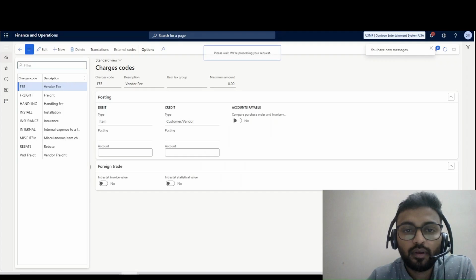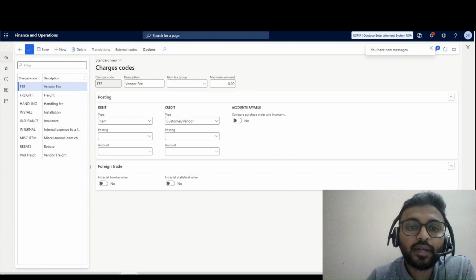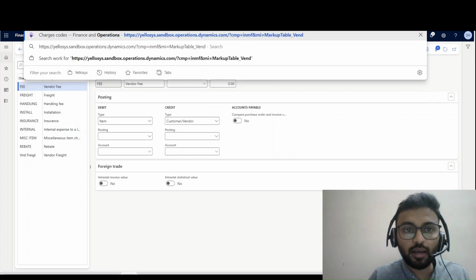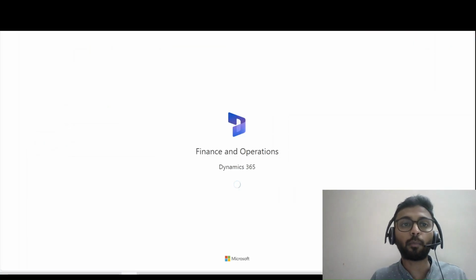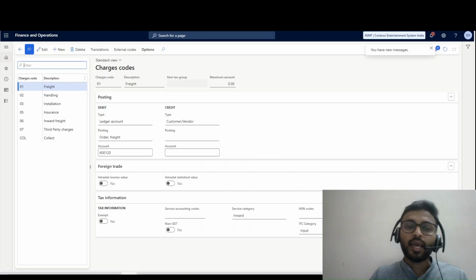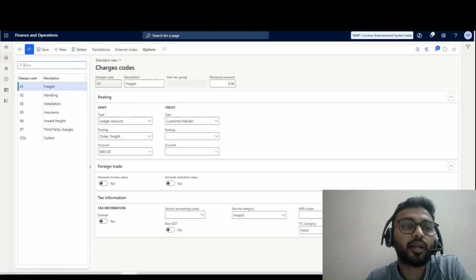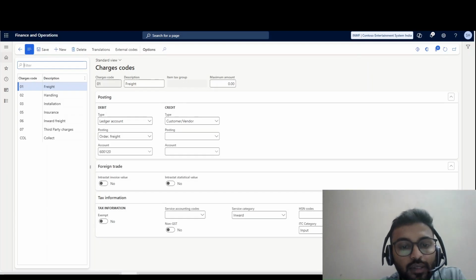From here you can select the item tax group. But I am taking the example of INMF because Indian taxation is complex, and that's why I'm taking the example of Indian companies. So here, if you see, in tax information we have an option, this charge code is exempt.